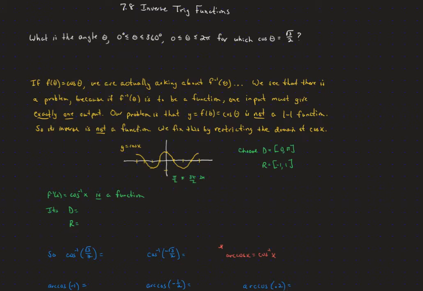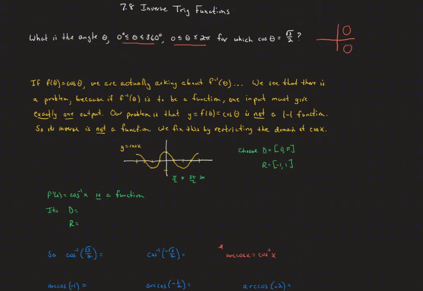We're looking for all the possible angles between 0 and 360 in degrees and between 0 and 2 pi in radians, for which cosine of theta is equal to square root of 3 over 2. So remember, cosine is positive in quadrants 1 and 4.